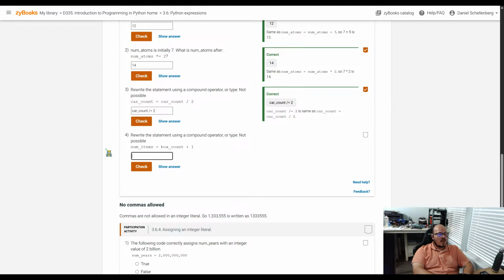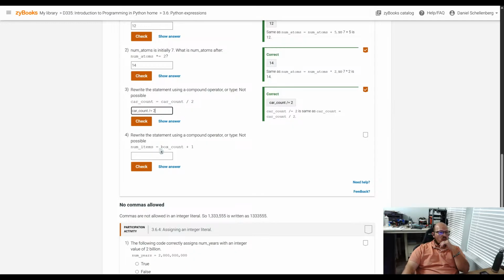This is not possible. I'm going to say not possible because when we do a compound operator like this, the same variable is going to be on the left and the right. So car count will be on both the left and the right, as a variable and then as a variable being divided by 2.